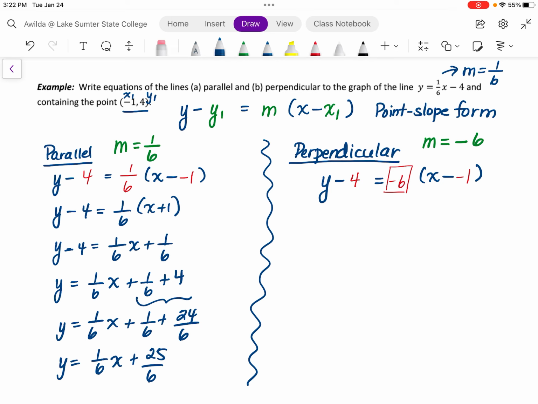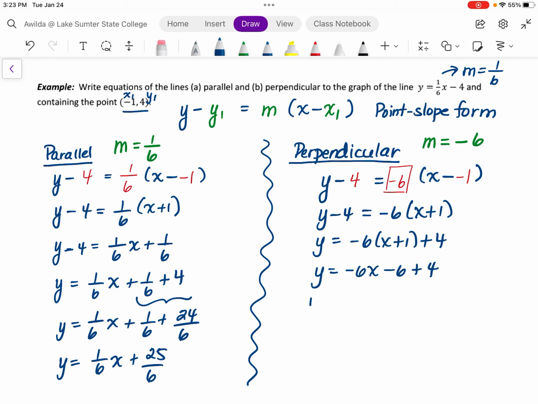So from here on out, we're just going to use some mechanical work to write this equation in slope-intercept form. So we have y is equal to -6x minus 2. That is the equation of the line that is perpendicular to the given line and passing through the given point.